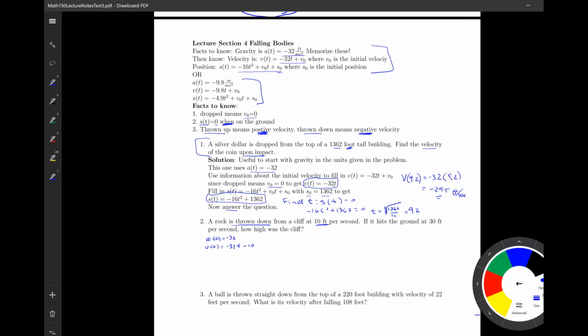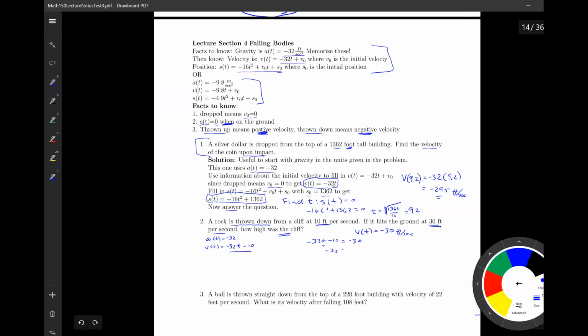So then I want to find, let's see, if it hits the ground at 30 feet per second, find the height of the cliff. Okay, hits the ground at 30 feet per second. So that means when it hits the ground I have a velocity of negative 30 feet per second. So I have my velocity equation. So let's set negative 32t minus 10 equal to negative 30 to find the time it hits the ground.